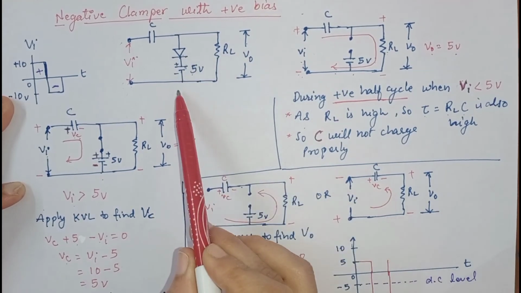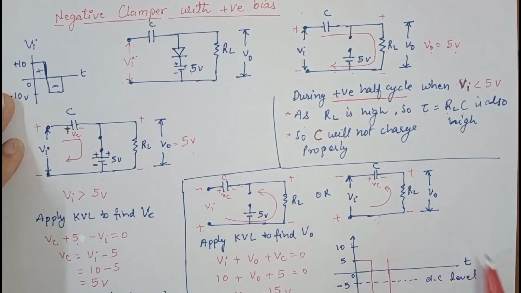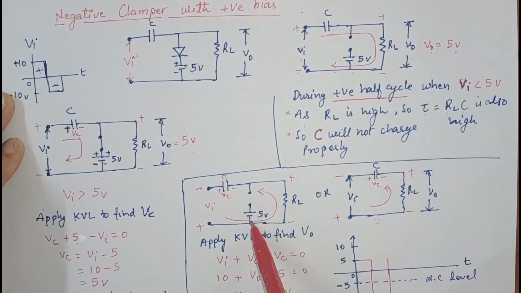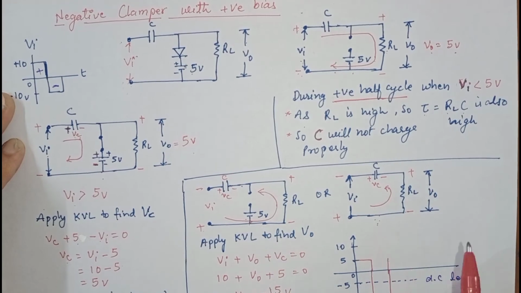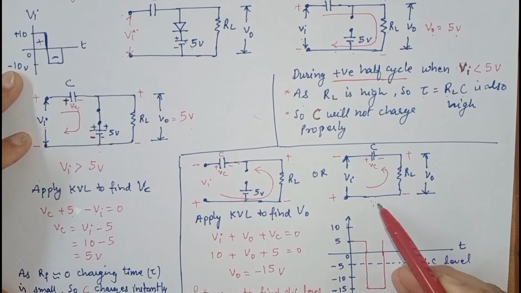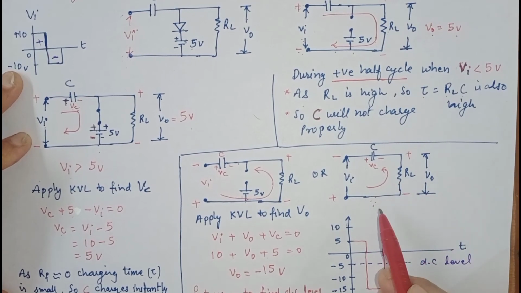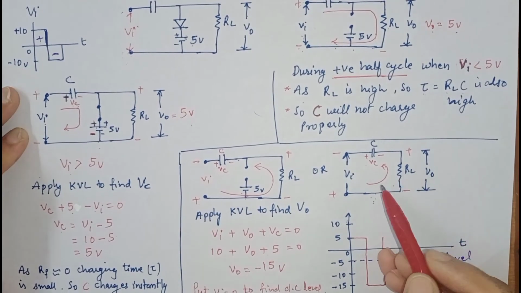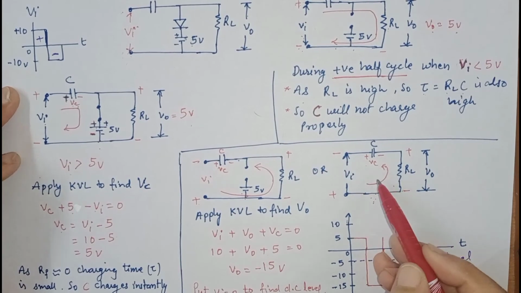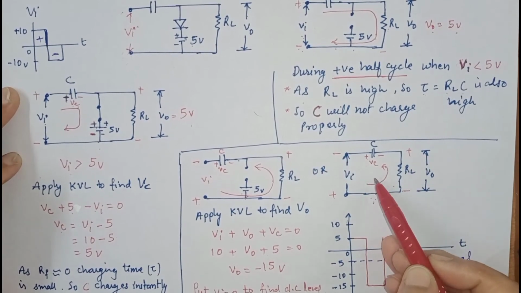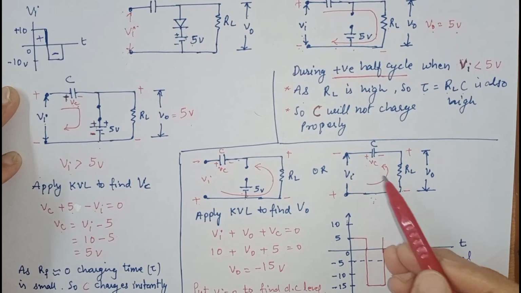Now the equivalent circuit will look like this. As this branch has no meaning, we can remove this branch and the circuit becomes like this. Now the direction of the current will be anti-clockwise. Now we will find the output in this case. Now we will apply KVL in this loop. We are taking the sign when the current is leaving the component.